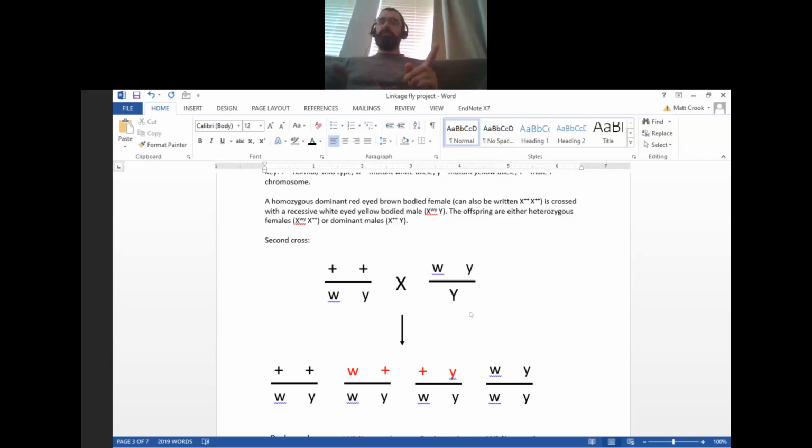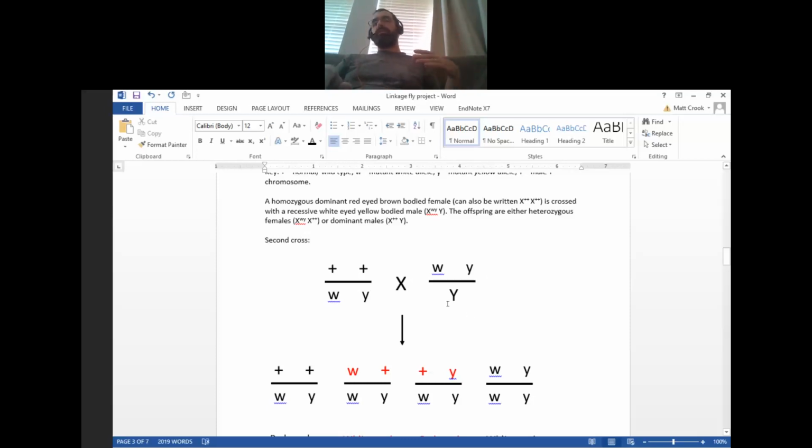And you can use your fingers here. I can't, because I can't show you what I'm pointing at with my fingers. But essentially you have to track chromosomes. So the only chromosomes that the male can contribute to the next generation is either a Y, which will make a male, or a recessive chromosome, which is WY, right? Either way, it doesn't actually matter whether you score males or females or just combine them all together.